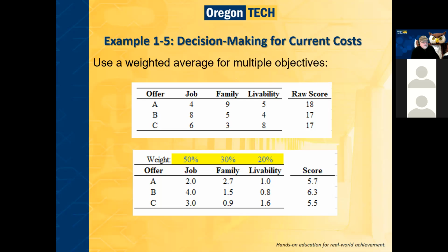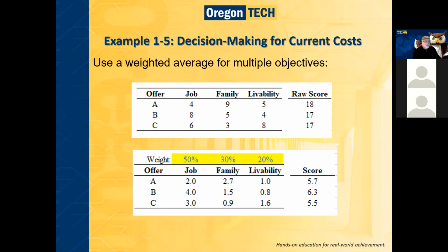Now, this rating idea is very common, and you'll hear in classes often a nominal group technique, what they talk about in some of these management textbooks, where you get people to sit around and say, as a corporation, how much do we value this element of this decision-making process?